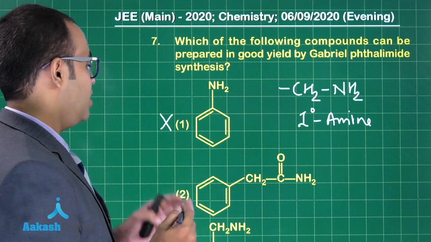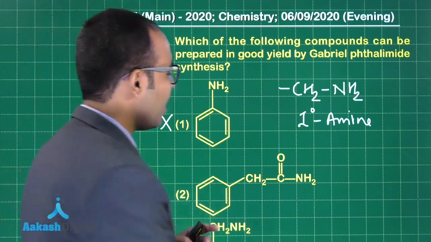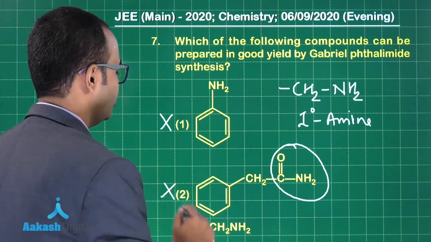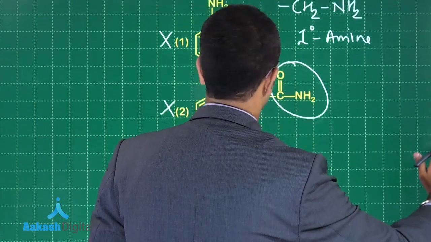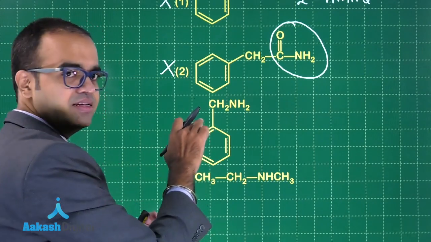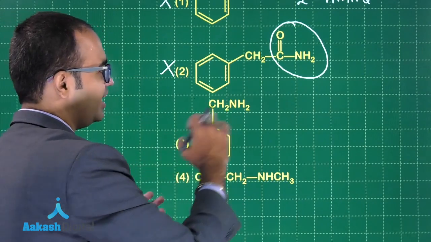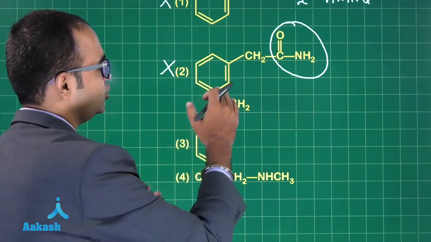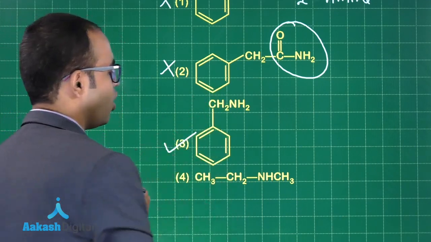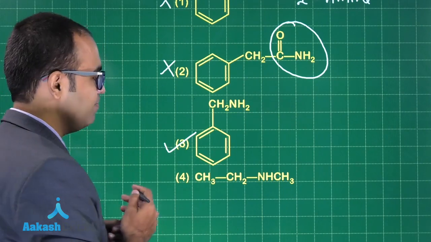Yes. Option 2, this is an amide, guys. So option 2 is also out of question. Okay. Is third one primary amine? Yes. Is it aromatic primary, that is NH2 is attached to the benzene ring? No. So answer is option 3, guys. Okay.